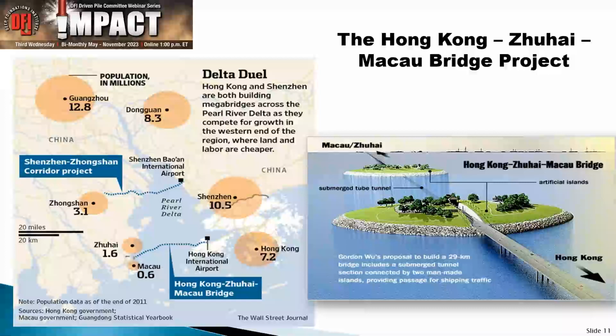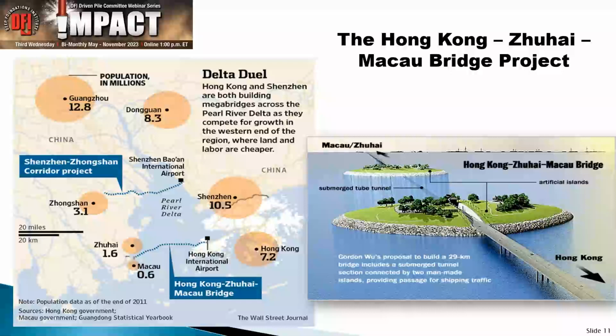So the idea was there, and then it's easy to put the idea in a drawing, as you see on the right-hand side, where you basically say, well, a bridge all the way is a problem, because then the ships that go into Hong Kong harbor, there's a height limitation there, or you need to open the bridge. So why not do it simple? We just have a bridge on either end, and then in the middle we have a tunnel.